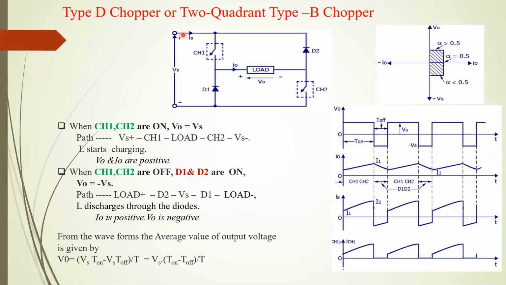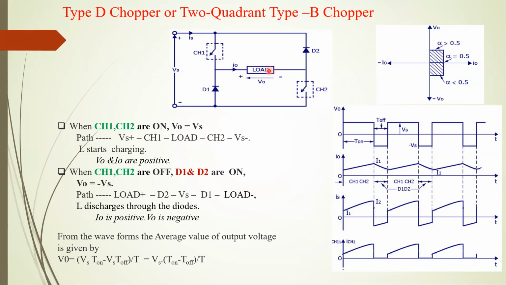Then the current flows through this path, that is Vs plus to chopper 1, to load, to chopper 2, and it completes the path. It reaches the Vs. And in this case, the I naught path is in this direction, that is I naught, and the polarities of the load are plus and minus.